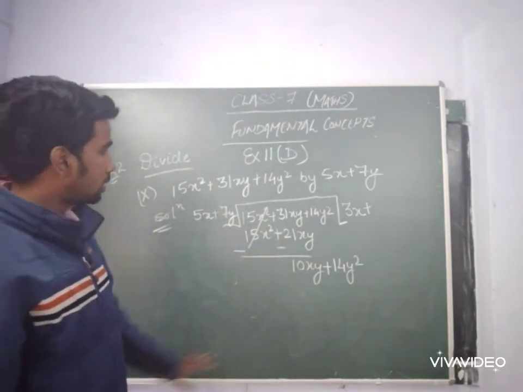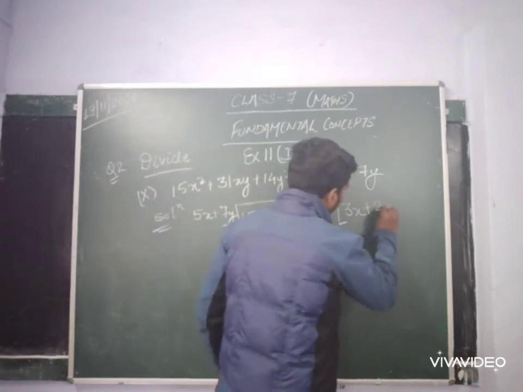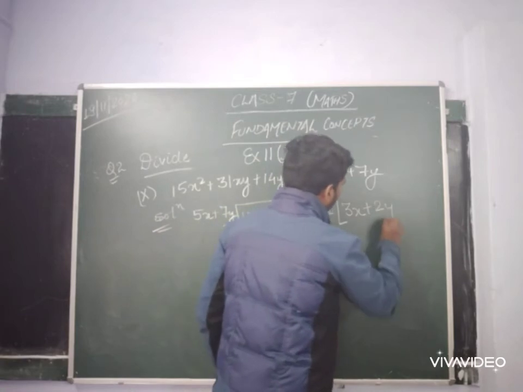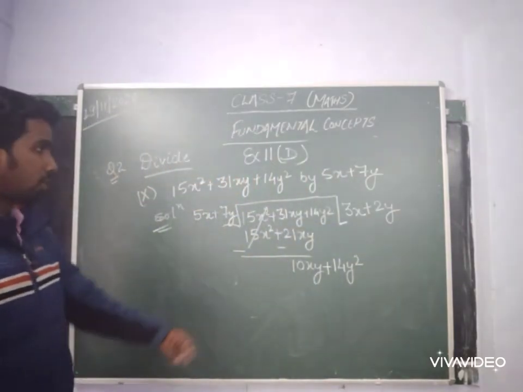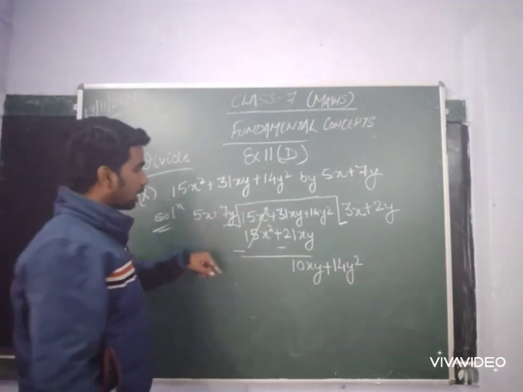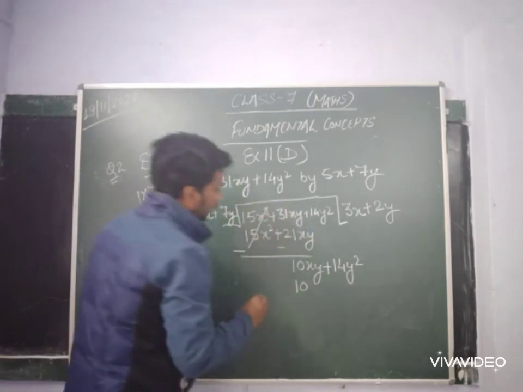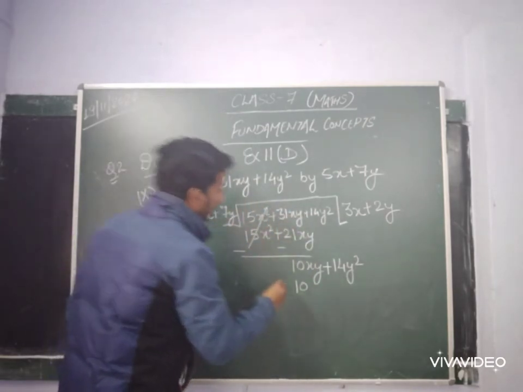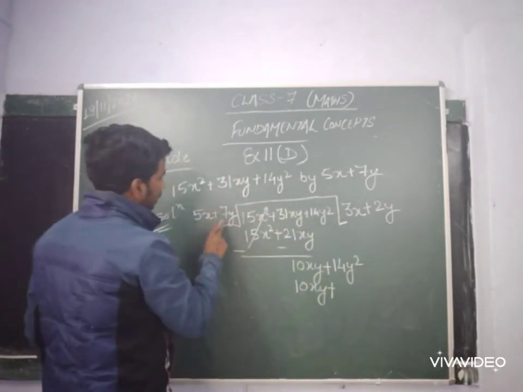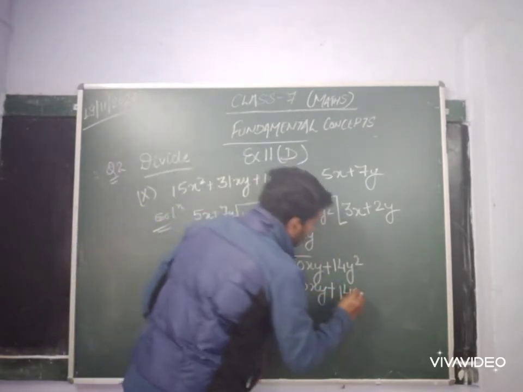Clear? So 2 is the common term which is dividing this. So 2 and x is already there, so y. Clear? So 2y. Then what we will get? 5 2s are 10 and x and y, this will be xy, plus 7 2s are 14 and y multiplied by y, you will get y square.